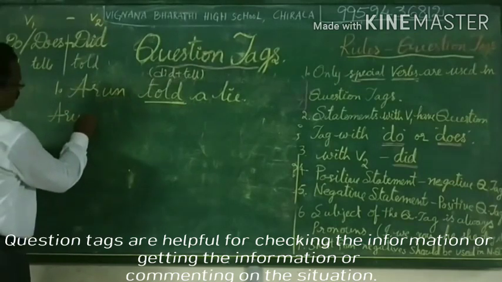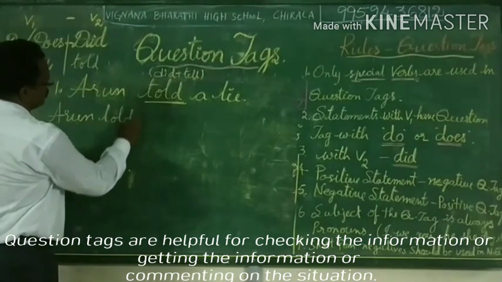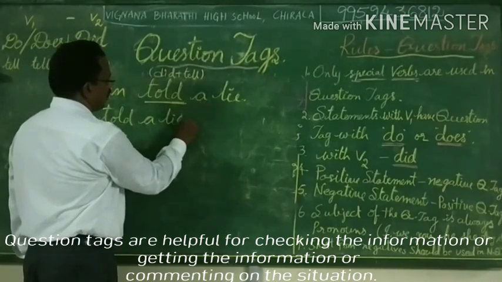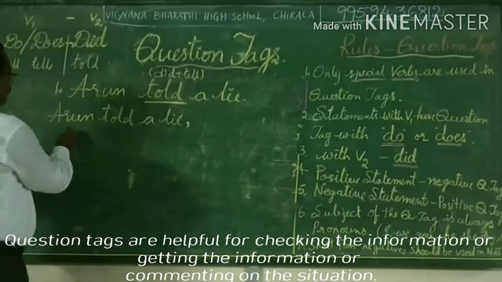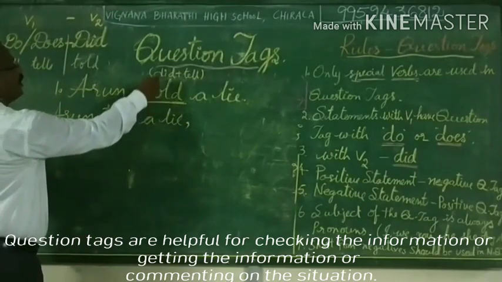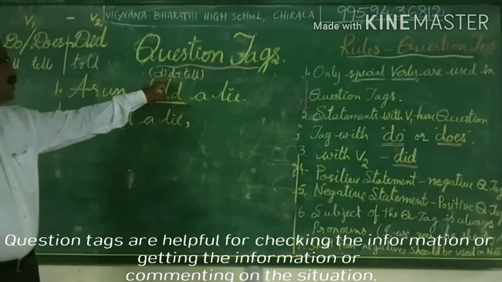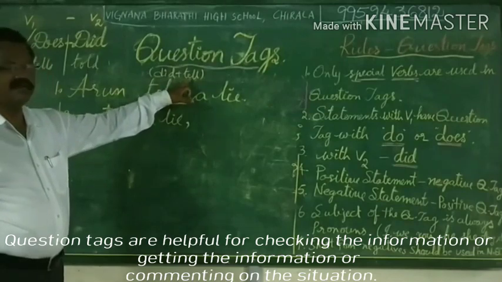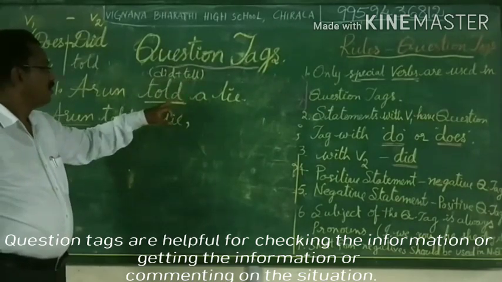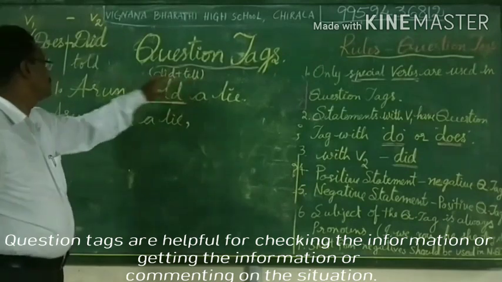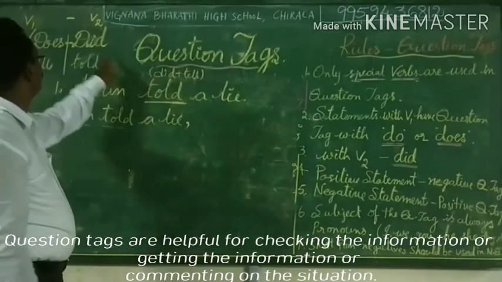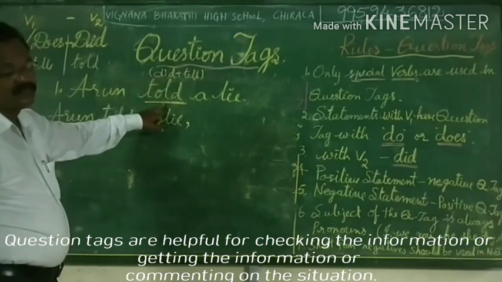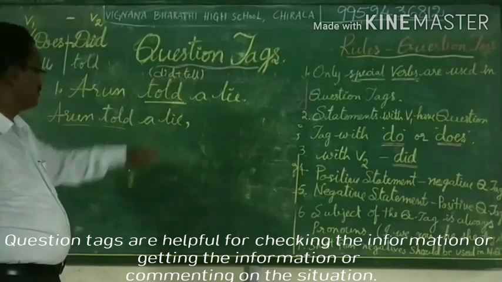Arun told a lie. Here Arun is the subject, told. Already we split this told into did plus tell. The root form of told, what is it? Tell, T-E-L-L, tell. The root form of told is tell. That is verb 1. This is verb 2, did form. So we brought out did here as the verb in past tense.